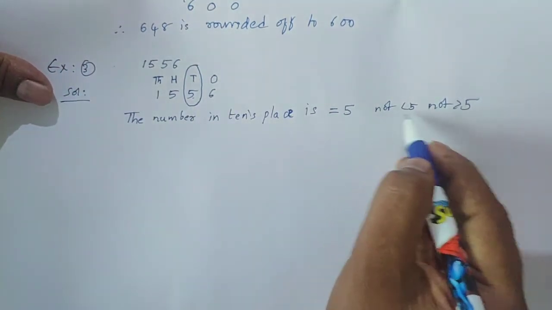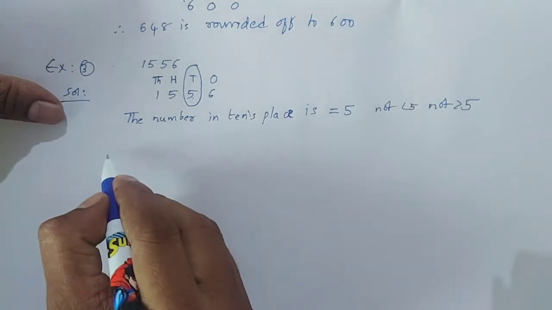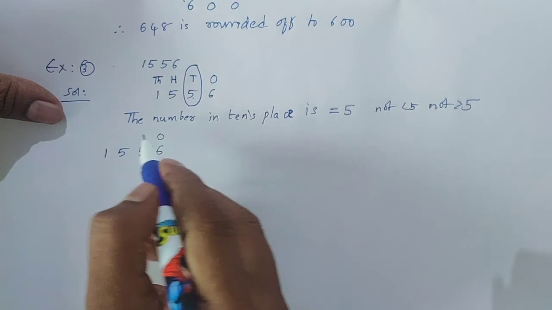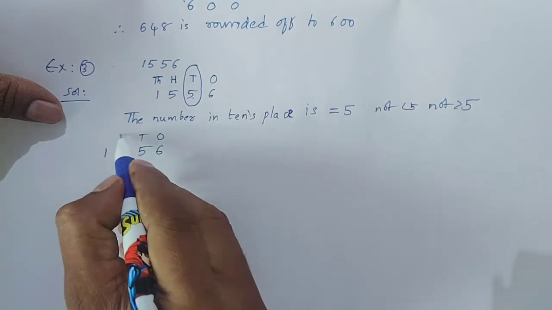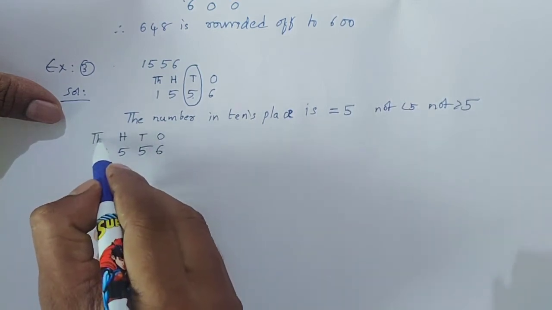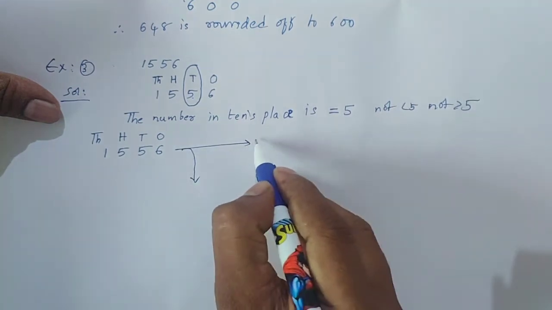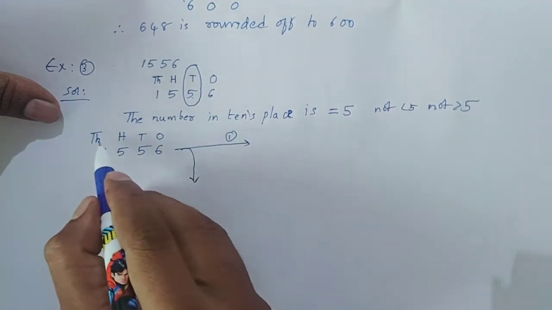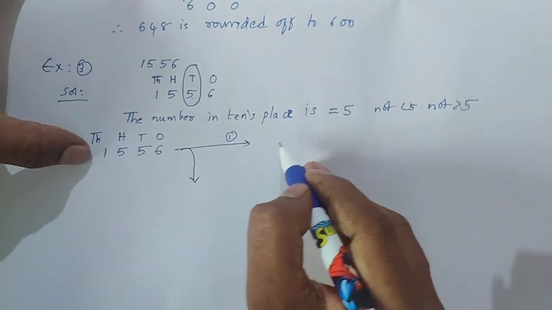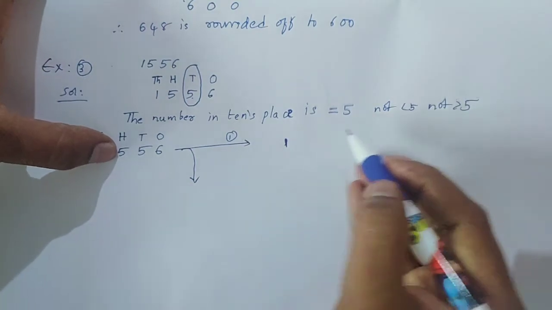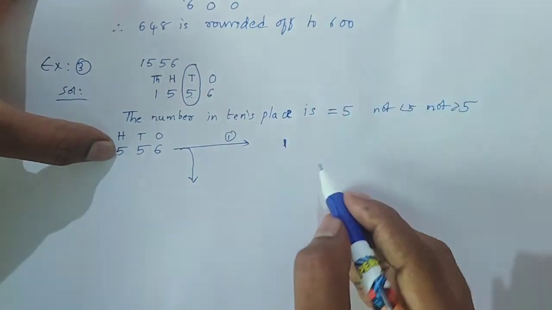So it is not less than 5 and not greater than 5. 1556: ones place, tens, hundreds, thousand. So there are two possibilities to round it off. Let's see the first one. In thousand place 1 remains. Let us follow the first method.